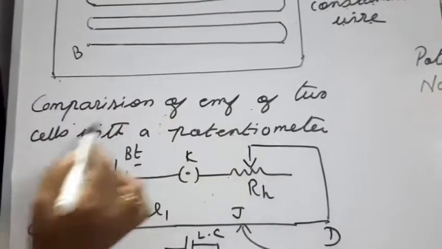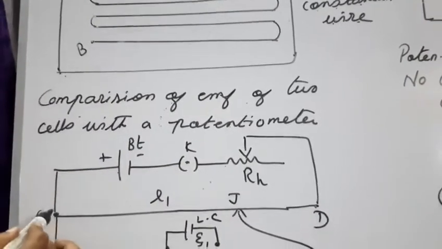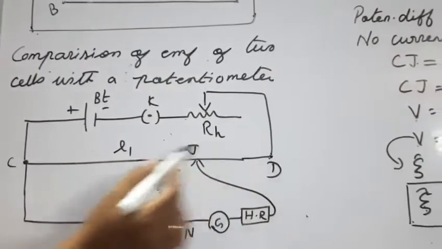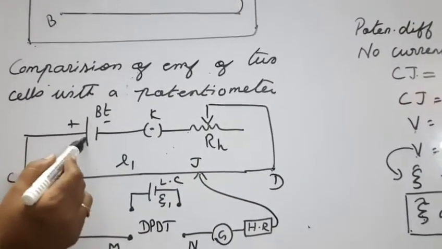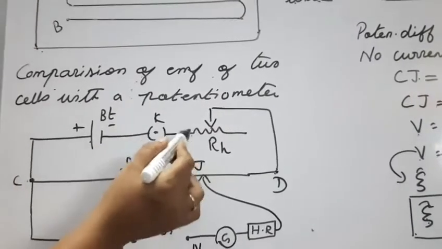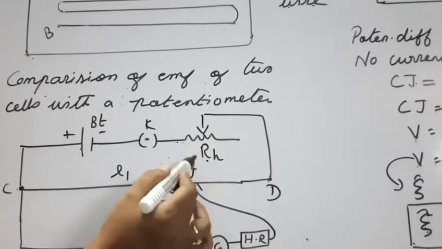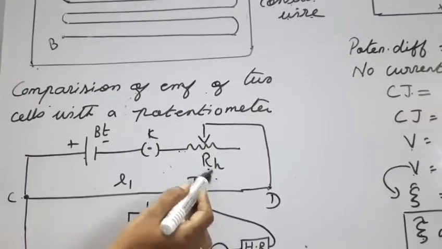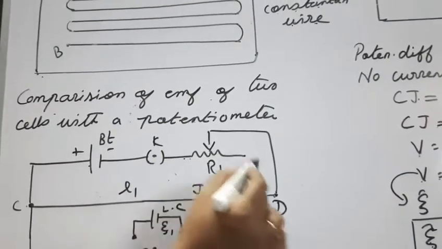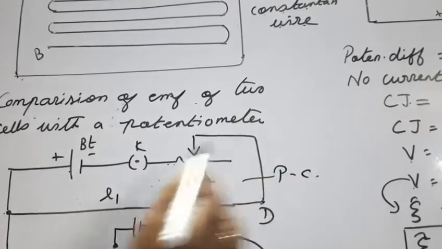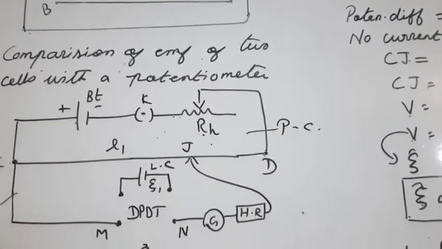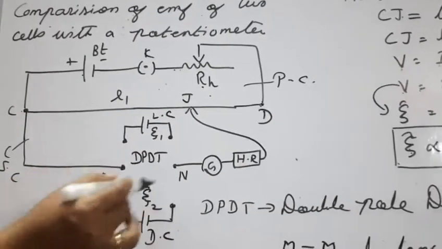Our next topic is comparison of EMF of two cells with a potentiometer. Now we take the same CD connection. At the top end battery and key as usual, but after that key we connect one rheostat. Rheostat is known as the variable resistance, and this connection is known as the primary circuit. In the secondary circuit we use one DPDT switch.